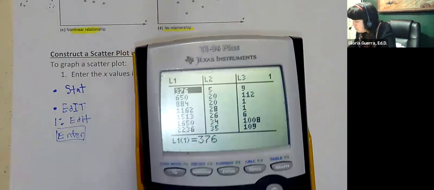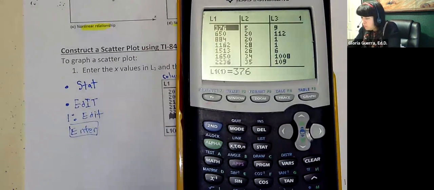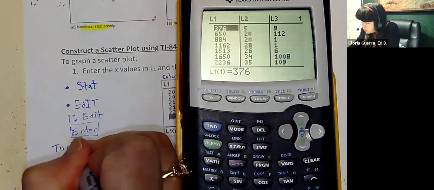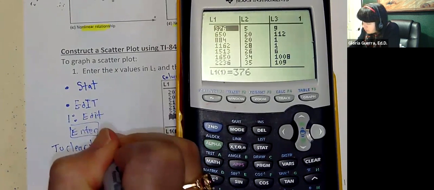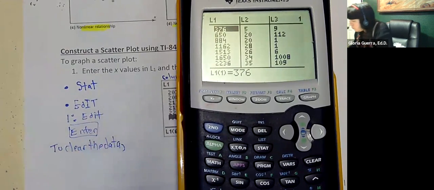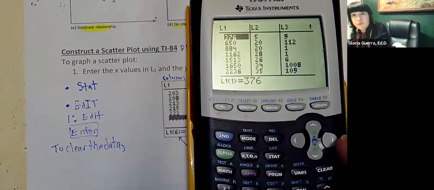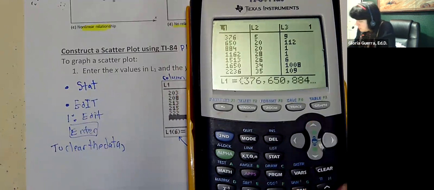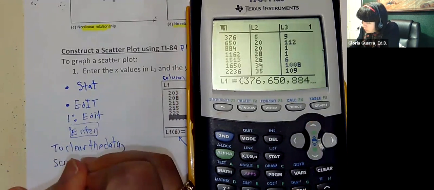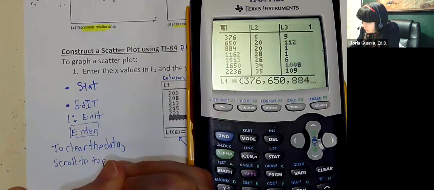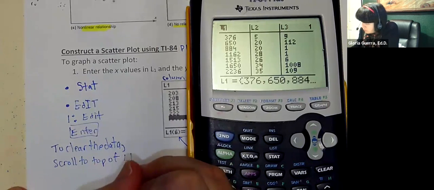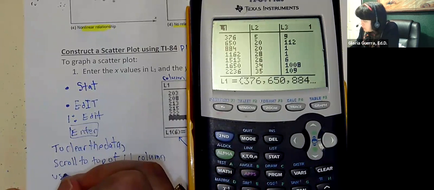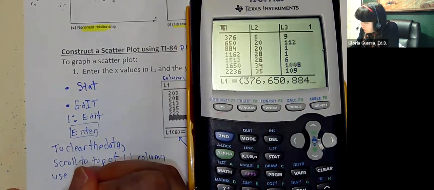To clear the data, you want to navigate using these arrows. You want to scroll to the top of, for example, the L1 column using these keys.